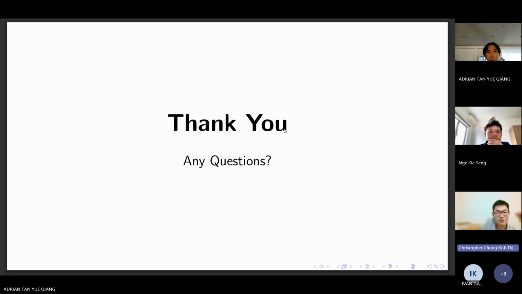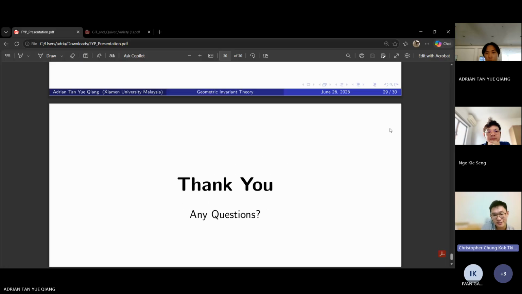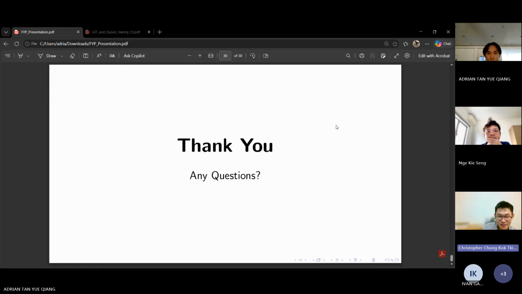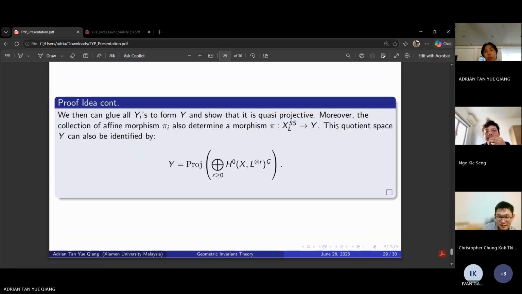Okay, a couple of questions. Short ones because I think we're short on time. Can you go back one slide? What is H0 in that slide? Oh, it's the space of invariant sections of the line bundle. And is it the zeroth cohomology or something? That is a good question.